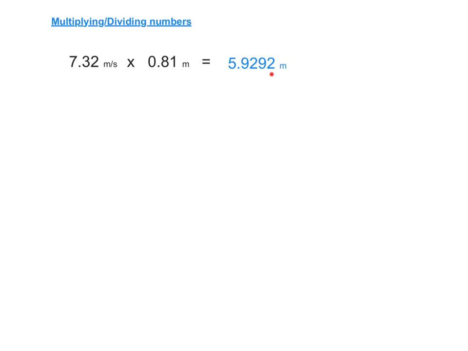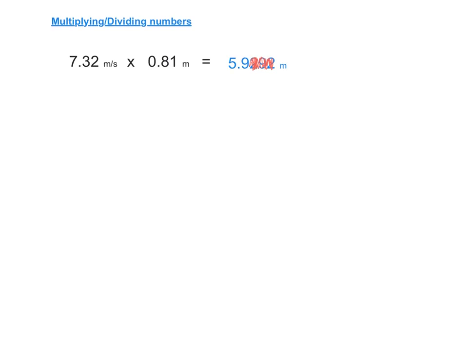That means when reporting our final answer, we are only going to keep 2 significant figures. So that means we will keep the 5.9, and then we're going to get rid of the 292 here. So we would report our final answer as 5.9 meters because that has 2 significant figures.